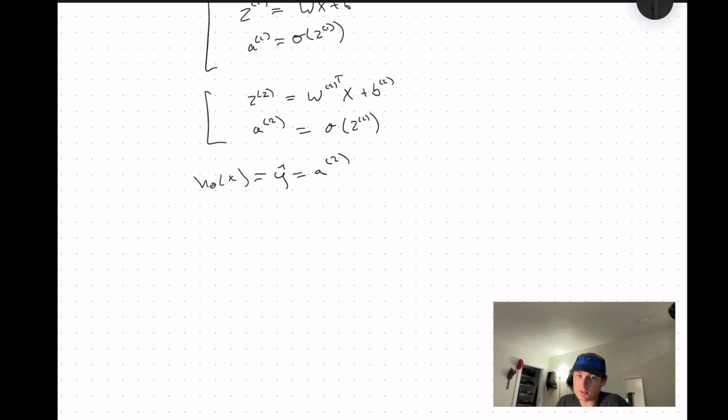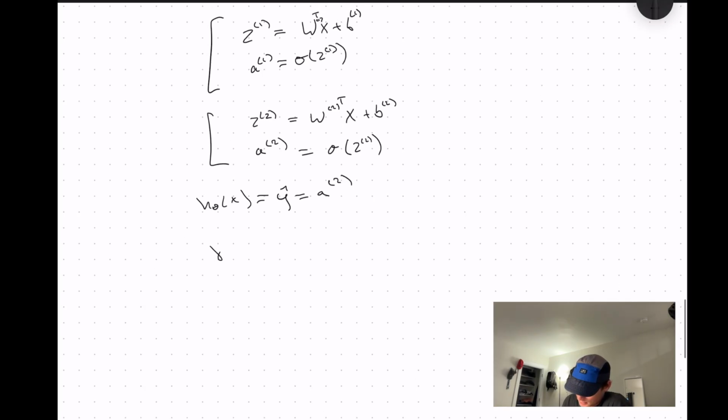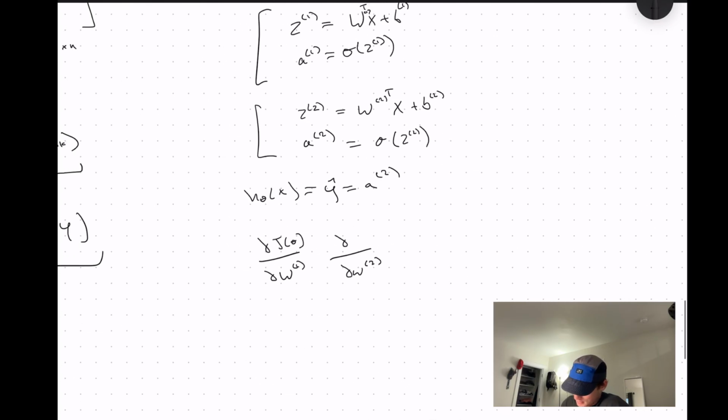So the goal is we want W1, we want W2, and we want B1 and B2. So we want them for all of these. There are generic equations that we'll get to in neural networks that you can calculate for arbitrary ones, but right now we want to just do it nice and simple.